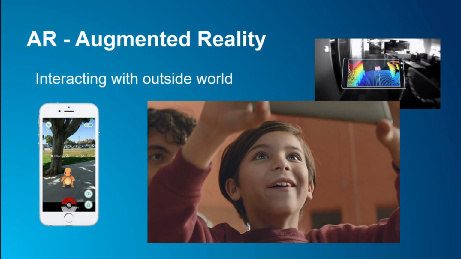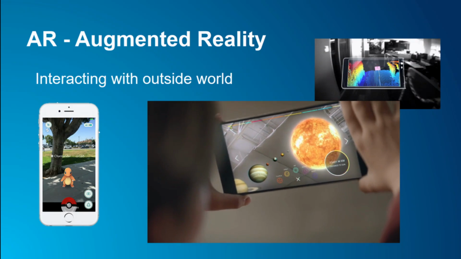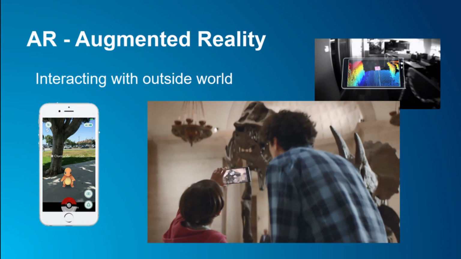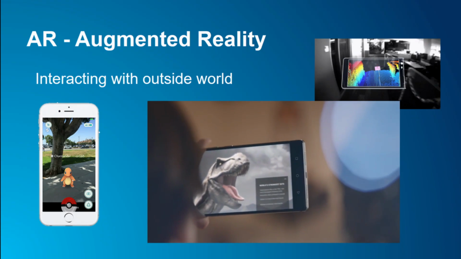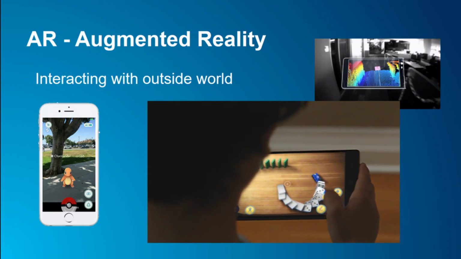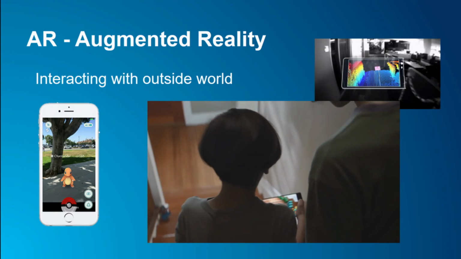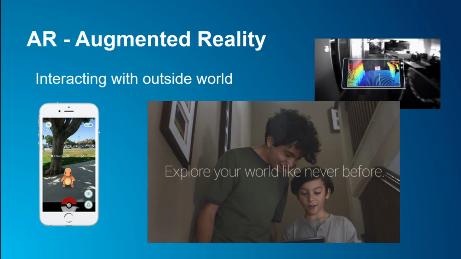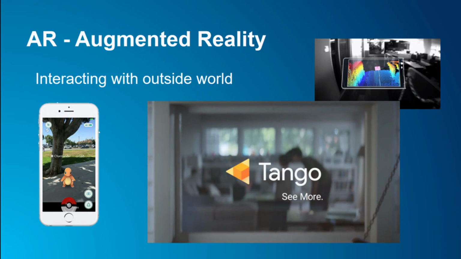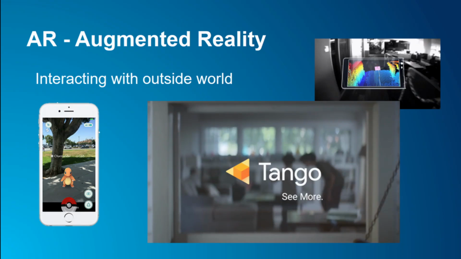Then, how we define augmented reality, here it gets a bit different. Everybody knows Pokemon Go. Pokemon Go was basically the breakthrough for augmented reality. And now what's coming is more and more that devices will be much more capable of positional tracking.